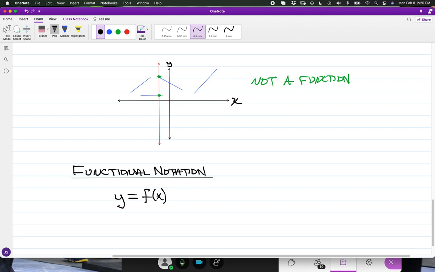And in the case of y is equal to f of x, now again, x is the input or independent variable. And y is going to be the output or the dependent variable.